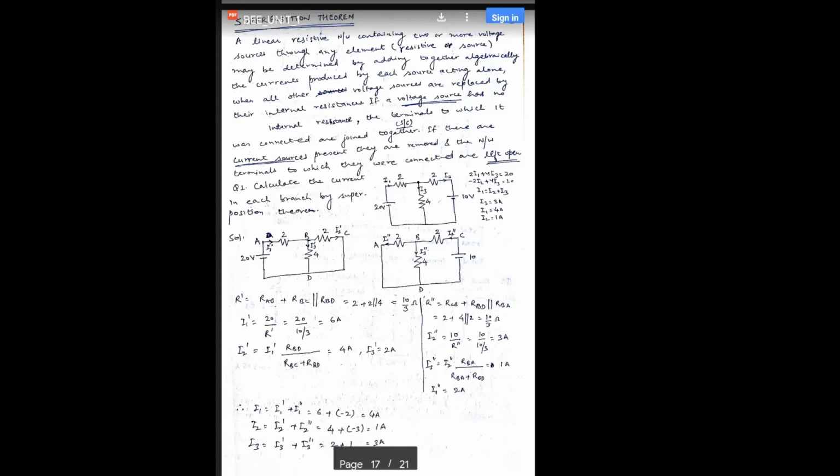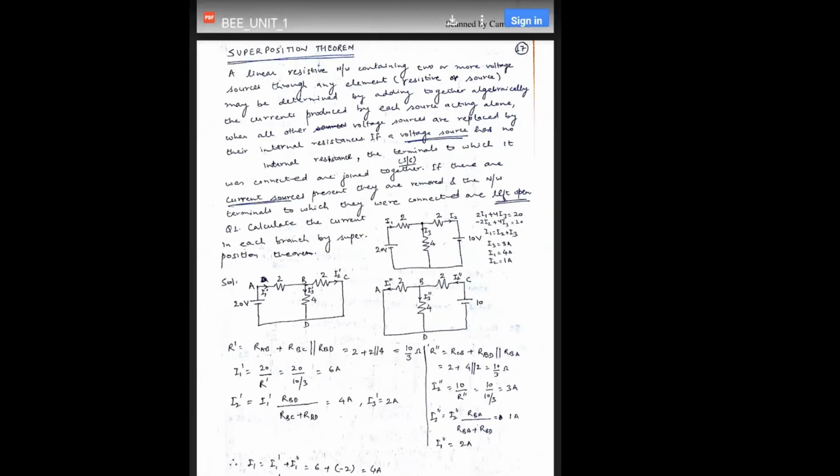And after we have obtained the current flowing through the resistances by taking all the energy sources, one at a time, then we add them algebraically.